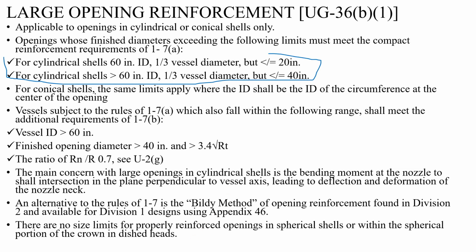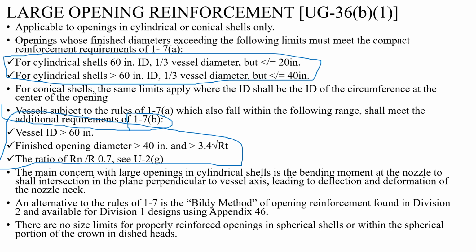Next, if the diameter of the vessel is more than 60 inch or the finished opening is more than 40 inch and more than 3.4 root RT, and the ratio Rn by R, the radius of the nozzle divided by the radius of the vessel, is 0.7, then in that case you have to go to 1-7b also. If the vessel falls into this category, please also go to 1-7b.